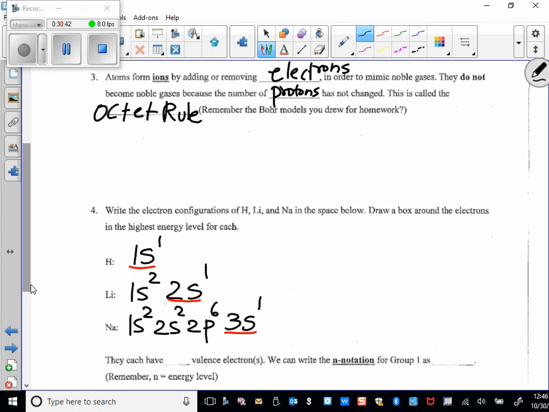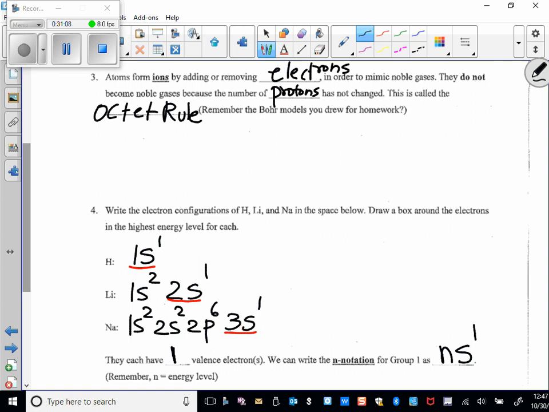How many valence electrons do they all have? 1. So it's either 1s1 or 2s1 or 3s1. Is that right? So what do you think it will be for potassium? 4s1.